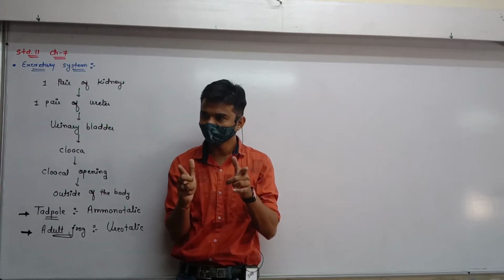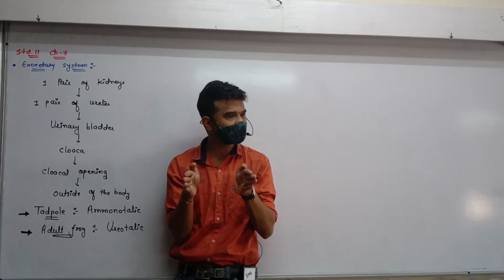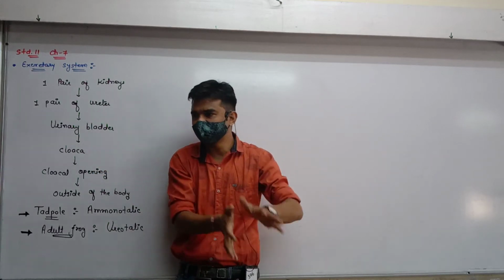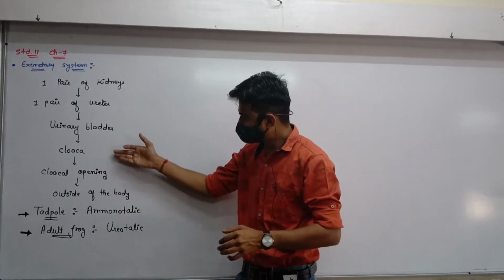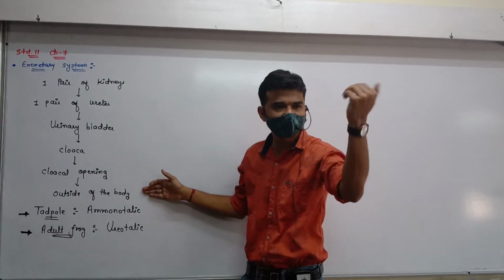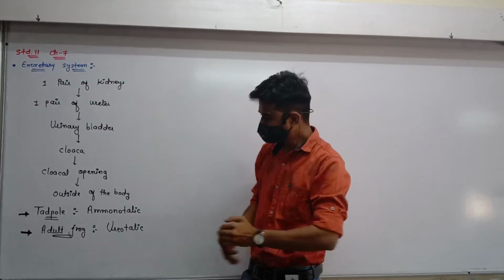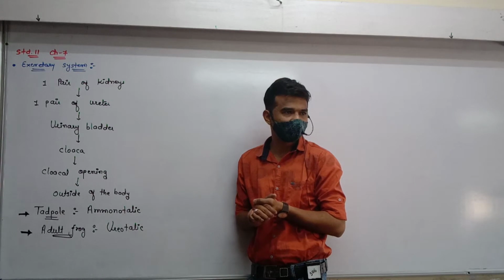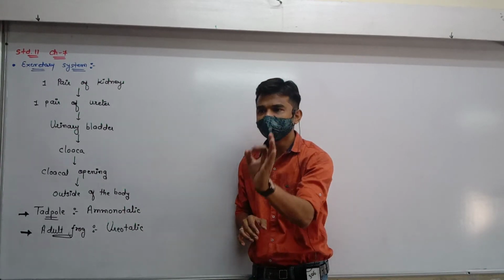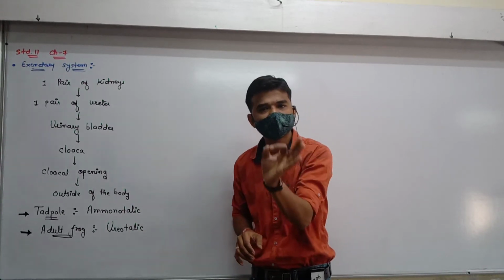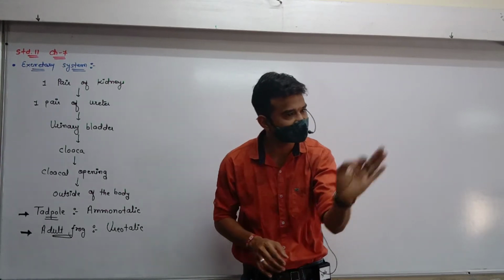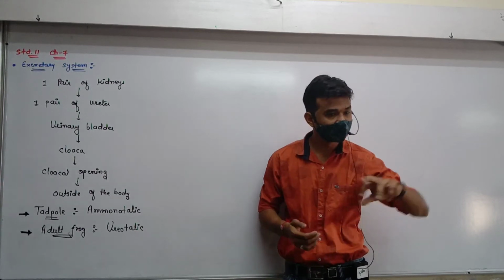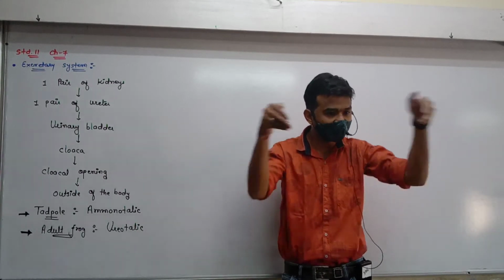As you know, the urinary bladder is connected to the cloaca. So from the urinary bladder, urine comes into the cloaca, then through the cloacal opening outside of the body, excretion occurs. This is the main important point for this topic. In frog, during its life, two types of excretory nitrogenous waste products are there. Generally, we are ureotelic.